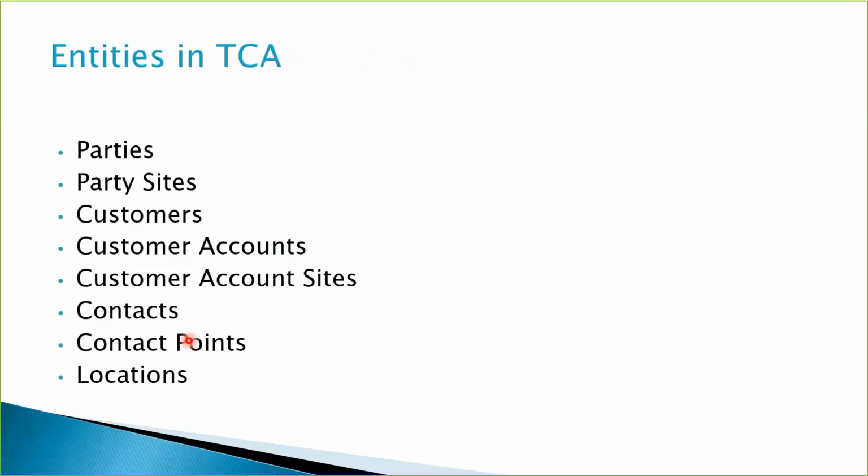So what happens is that in different applications such as AP and even AR, you will have fields or windows whereby when you enter information that is related to these entities, then that information will be stored in the TCA.